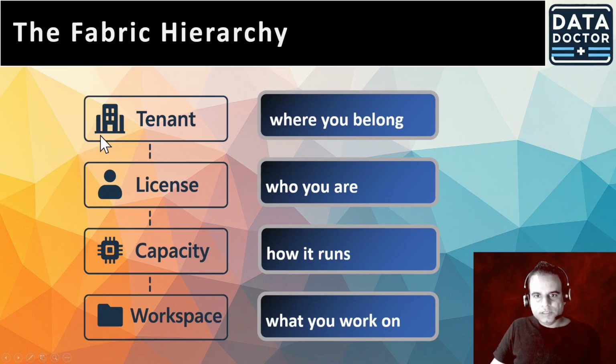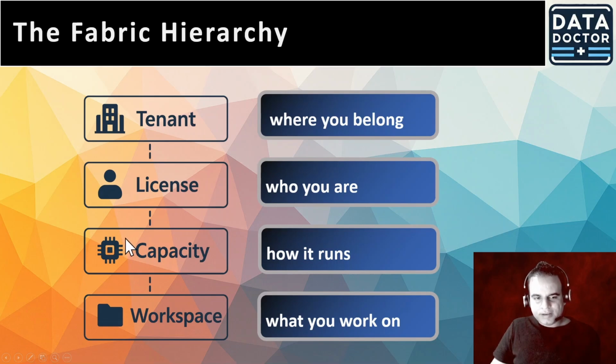So the tenant first. Tenant is where you belong, simply because, as I said, a tenant is a Fabric environment dedicated to your organization. So you belong to this organization. This defines where you belong. License defines who you are, and then based on that, of course, what you can do within Fabric.